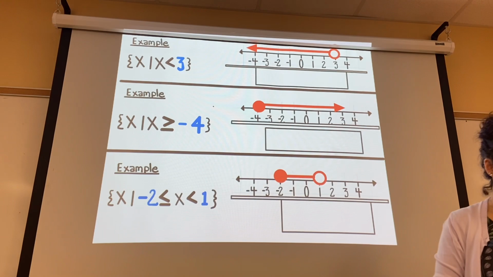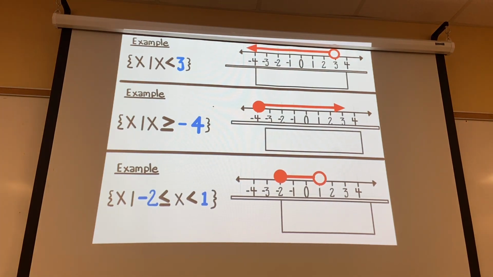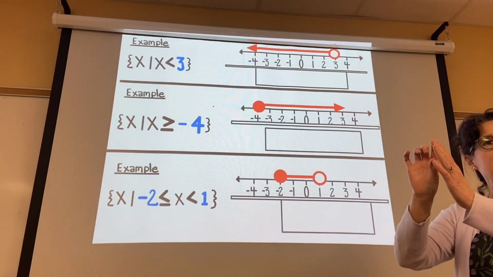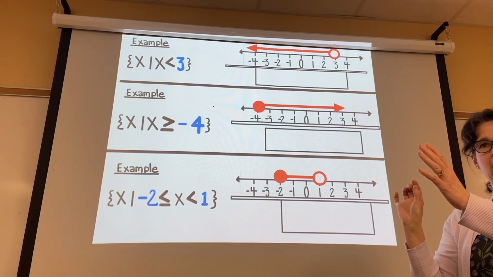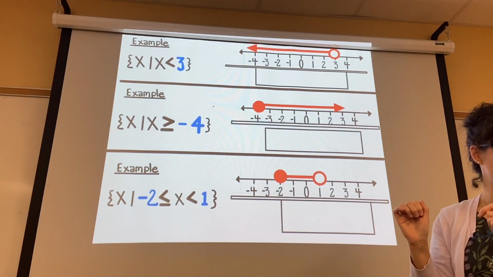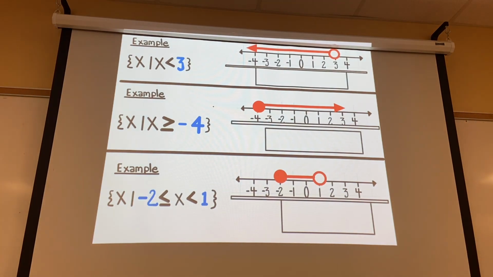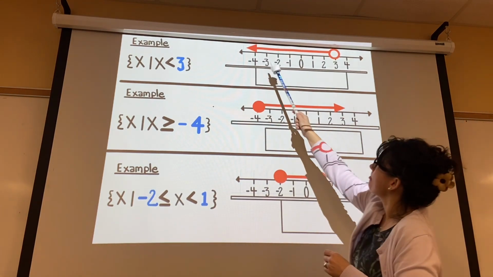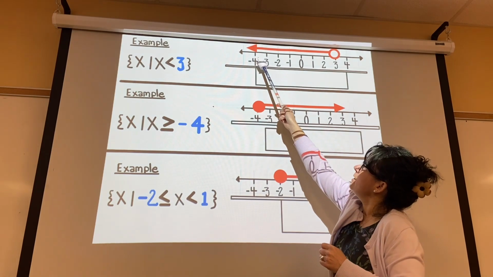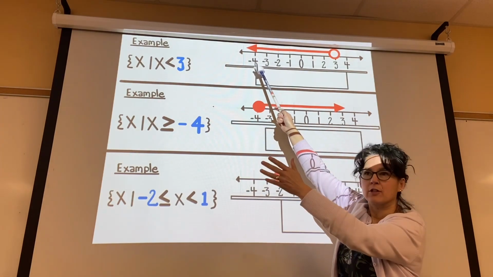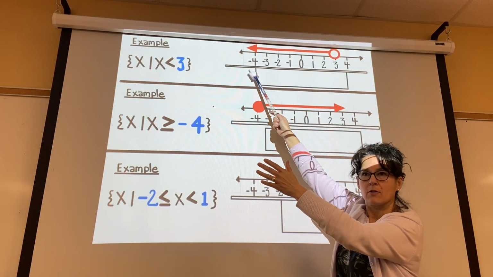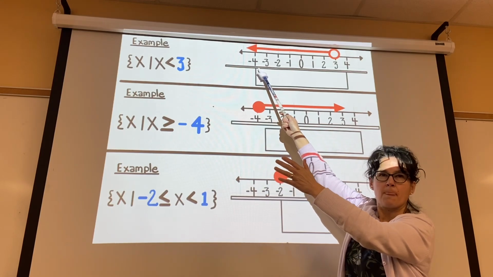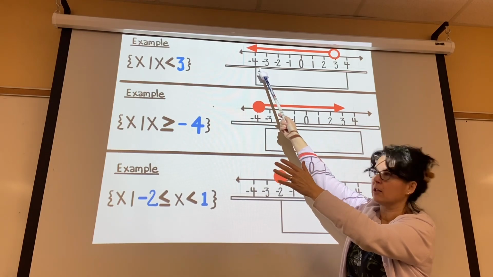Now we're going to go back and do the interval notation, and the easiest way to do interval notation is to read the number line from left to right and just write down what you see. So if I'm looking at this guy here, what would describe forever to the left? Okay, let's go to this one.